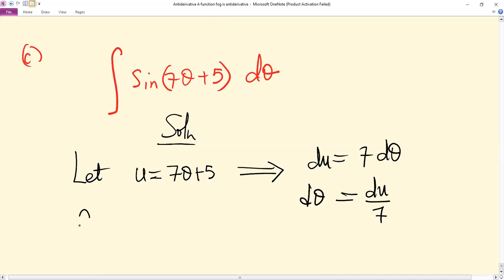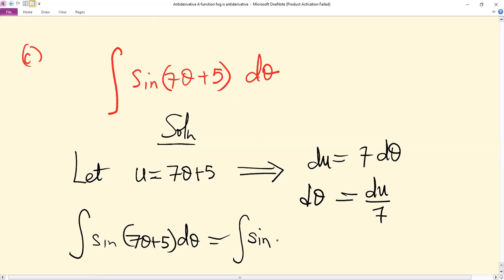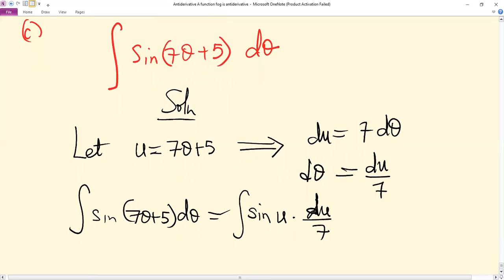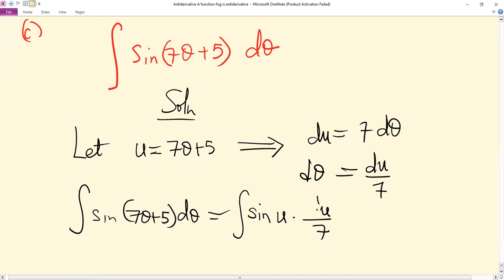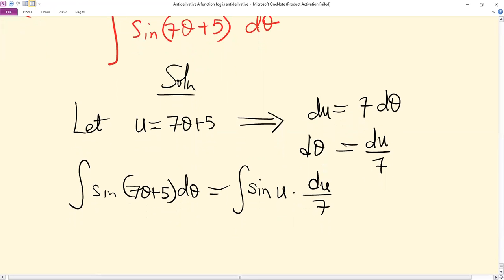And then so the integral of sine of 7 theta plus 5 d theta will be the same as the integral of sine of u, we have fixed this to be u, times du over 7. So factor out 1 over 7.